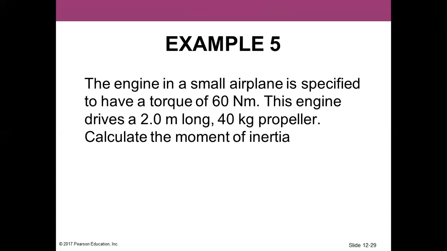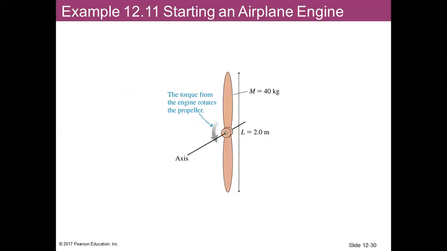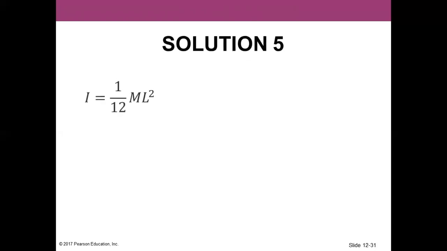Okay, example 3. The engine in a small airplane is specified to have a torque of 60 Newton meter. This engine drives a 2.0 meter long, 40 kg propeller. We calculate the moment of inertia then. We take the propeller as the rod, rotating about its center.